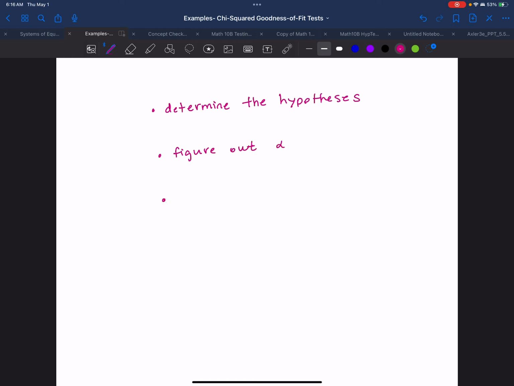I like to put that as step 2. If it's unsaid, we can assume alpha is 5%. Okay. Next thing we did is we have to consider our distribution and our test statistic.